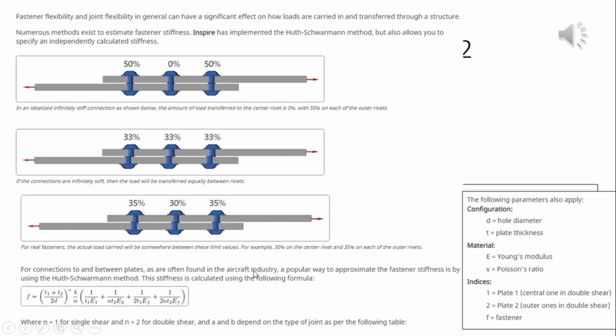For connections between plates, as are often found in the aircraft industry, a popular way to approximate the fastener stiffness is by using the Huth-Schwarmann method. This stiffness is calculated using the following formula, as you see on the screen.